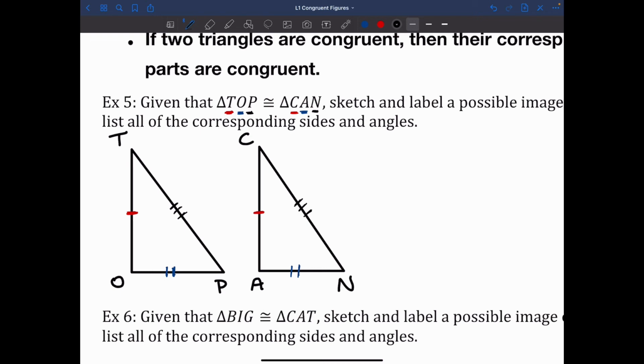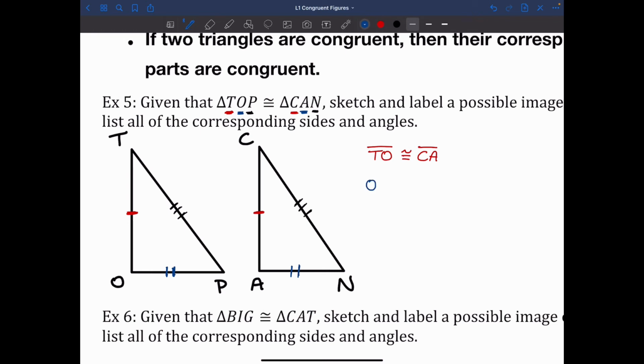So thinking about the sides, if I was to write these out as statements, I would say that TO, that line segment, so I'll put that little line over the top, is congruent to segment CA. So that's the stuff that I've got in red.